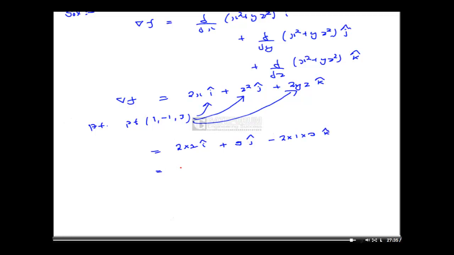So this is nothing but 2i + 9j - 6k. So this is the greatest rate of increase of the function at the point (1, -1, 3). Okay. So this solves a few basic problems related to directional derivatives and finding the gradient.